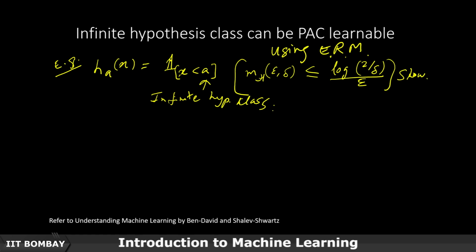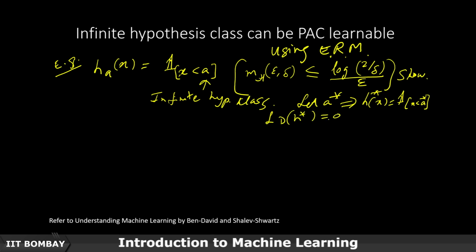Okay. So we will show that the probability of drawing a bad sample is related to the number of samples. Let's first assume that a star is the best hypothesis. This implies h star of x is 1 if x is less than a star, and L_D of h star is 0.